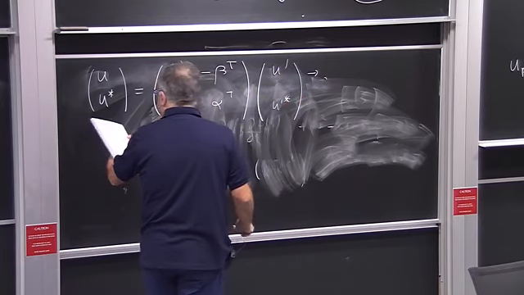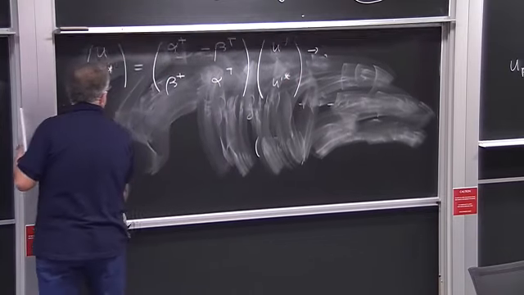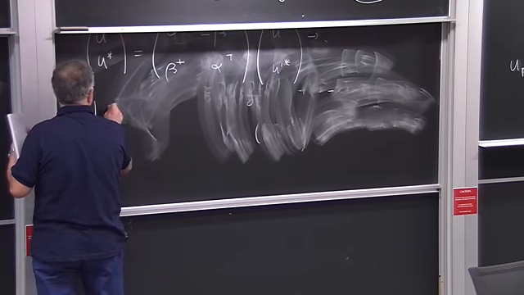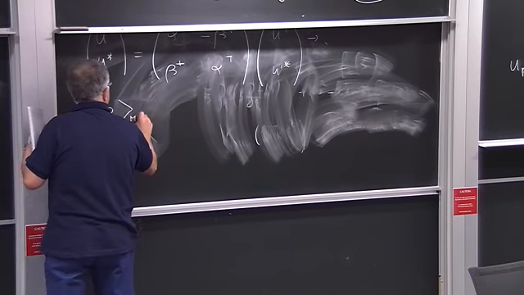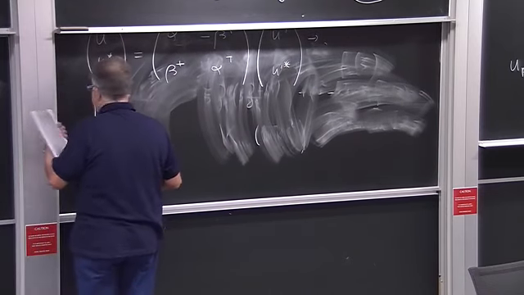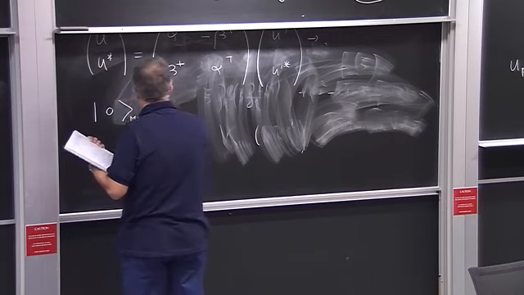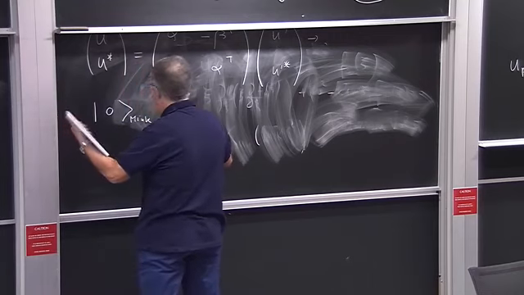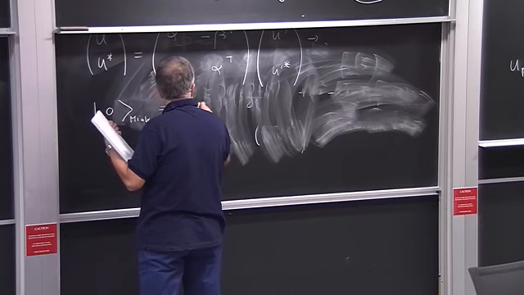This is for the Bogoliubov transformation, and the vacuum vector is written in terms of the new vacuum.